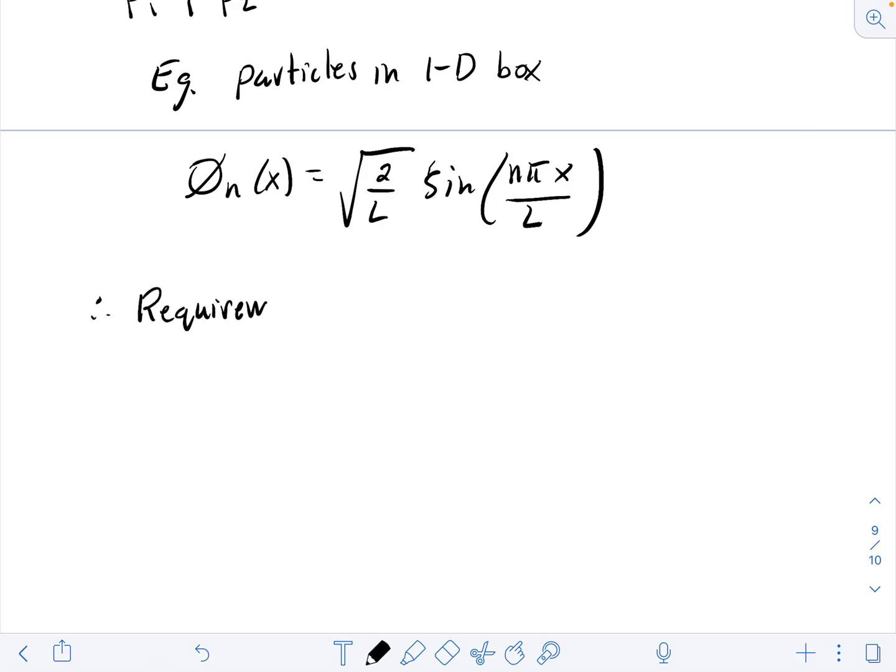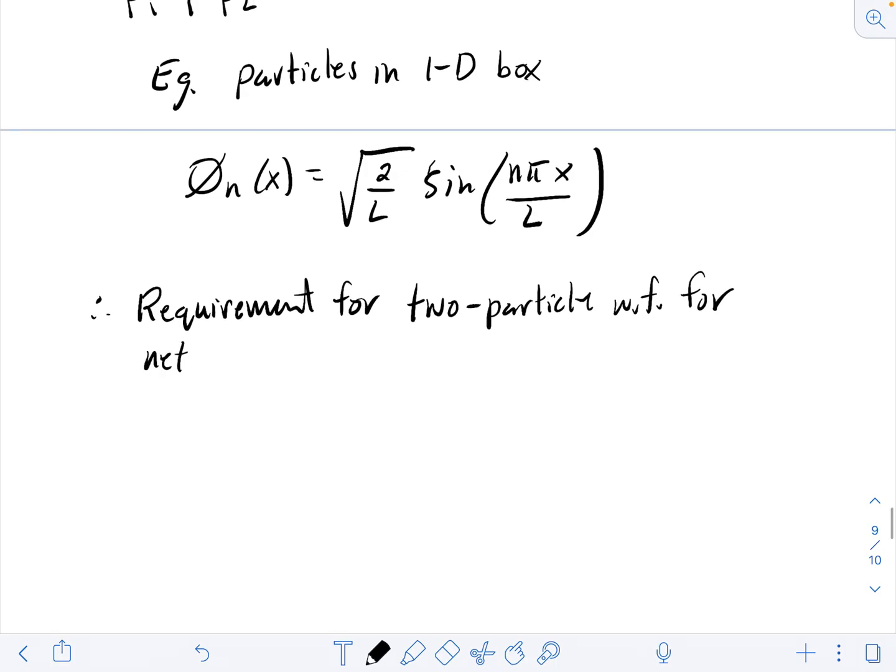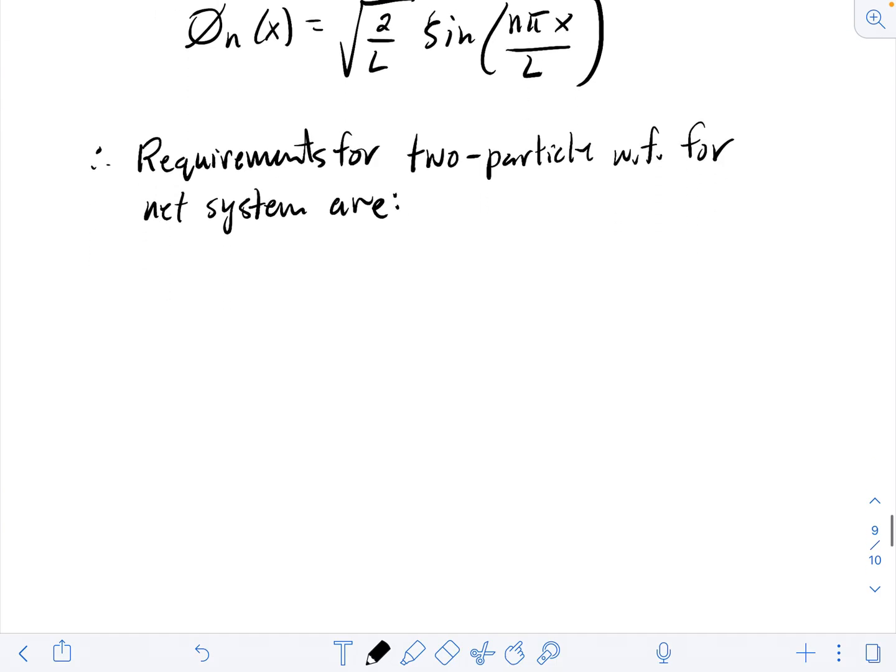So the requirements for the two-particle wave function for the net system of two particles, I should say requirements, there's two that we're going to try to satisfy.